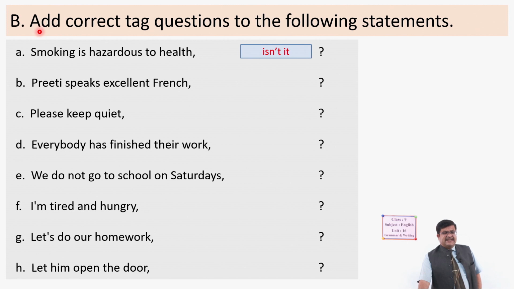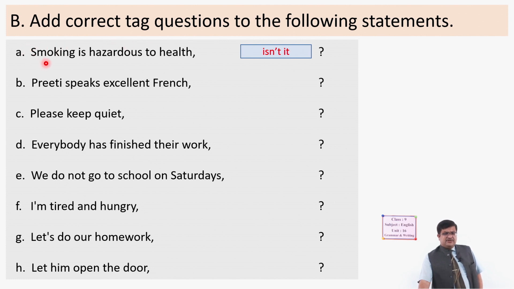So in this sentence, smoking is hazardous to health, you notice that is is an auxiliary verb. So when there is an auxiliary verb in the sentence, the same auxiliary verb is used in the form of tag, so that we bring is in the tag.